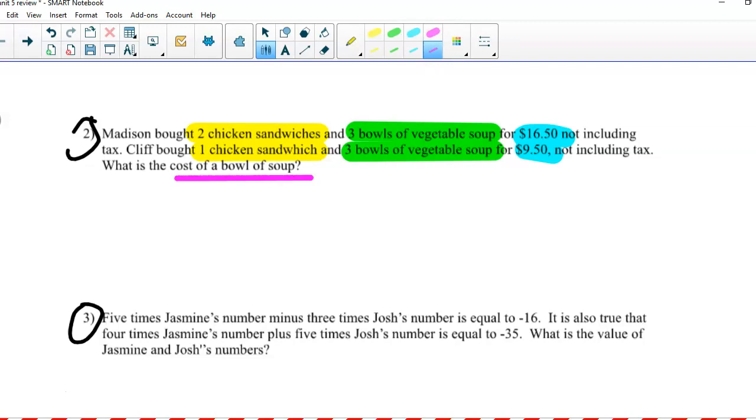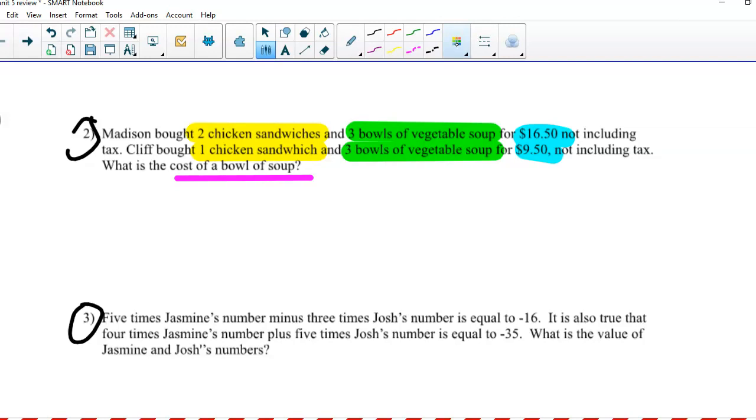Now I'm going to let you guys choose. How do we want to solve this? By substitution, elimination, or graphing? Actually, we just did graphing, so substitution or elimination. Substitution, okay. So first, we need variables. What don't we know? The cost of a bowl of soup and the cost of the chicken sandwich.